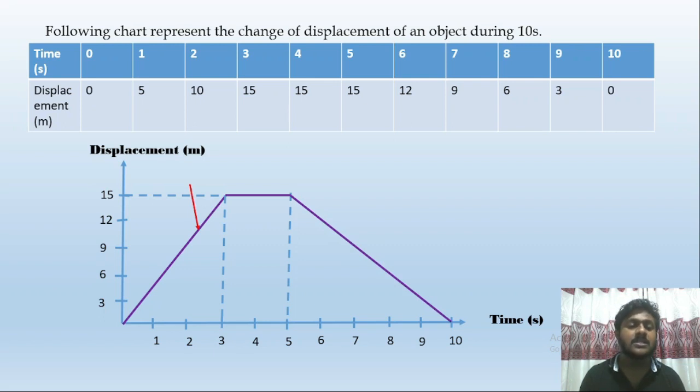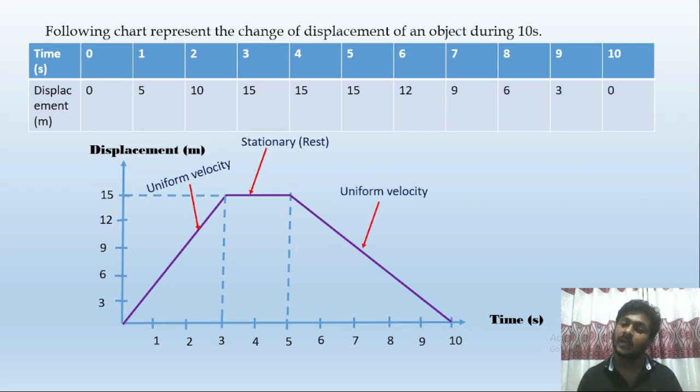So this represents the uniform velocity, and this part represents the stationary or resting position, and this also represents uniform velocity. If we calculate the gradient in the first 3 seconds and the last 5 seconds, it varies.